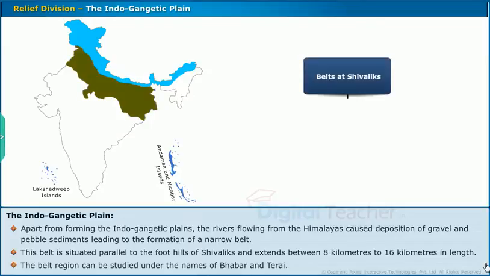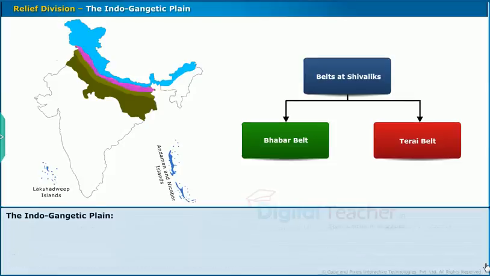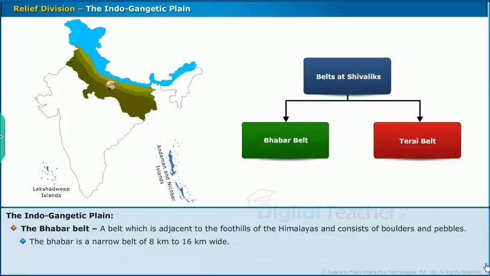The belt region can be studied under the names of Bhabhar and Terai. The Bhabhar Belt is adjacent to the foothills of the Himalayas and consists of boulders and pebbles. The Bhabhar is a narrow belt of 8 km to 16 km wide.